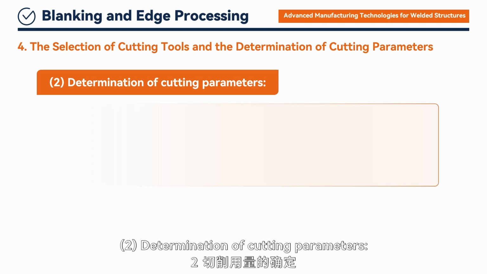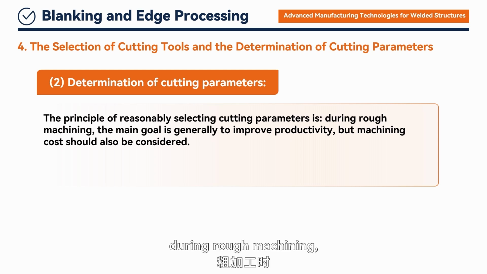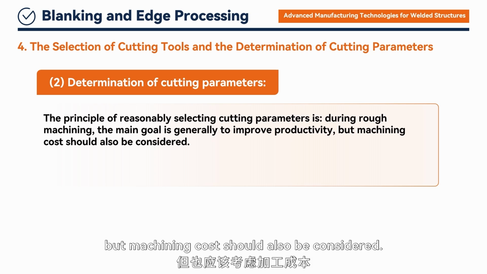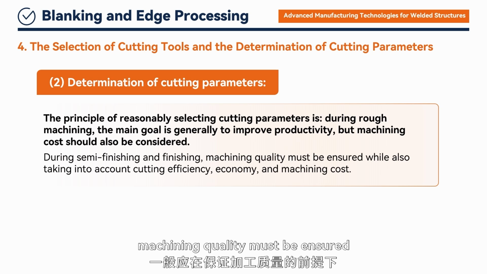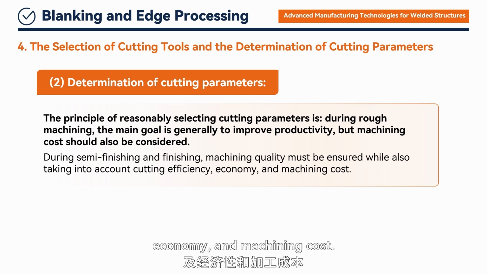Determination of cutting parameters. The principle of reasonably selecting cutting parameters is: during rough machining, the main goal is generally to improve productivity, but machining cost should also be considered. During semi-finishing and finishing, machining quality must be ensured while also taking into account cutting efficiency, economy, and machining cost.